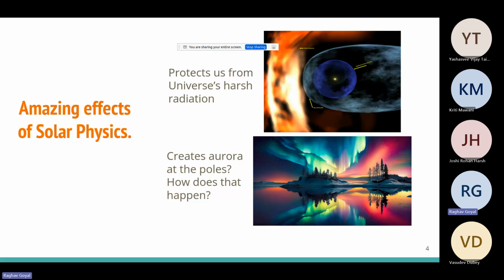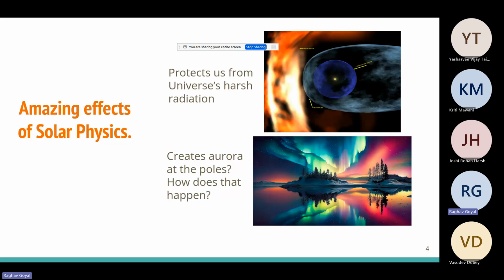Just to give you a small introduction of what natural phenomena can be understood by understanding solar physics, we have included this slide. As you can see in the lower image, auroras are a direct consequence of what goes on in the solar atmosphere and beneath it. Auroras are created by the particles released by the sun when they interact with the Earth's atmosphere.